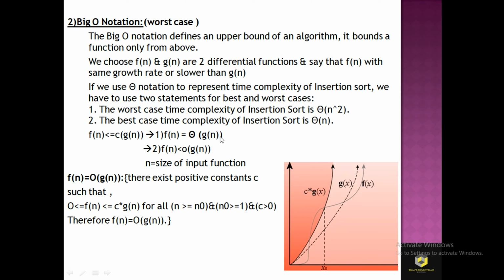Here the theta notation shows the best case time complexity, while the small o notation shows the worst case. In insertion sort, theta of n² is the worst case time complexity, and the best case time complexity of insertion sort is theta of n.